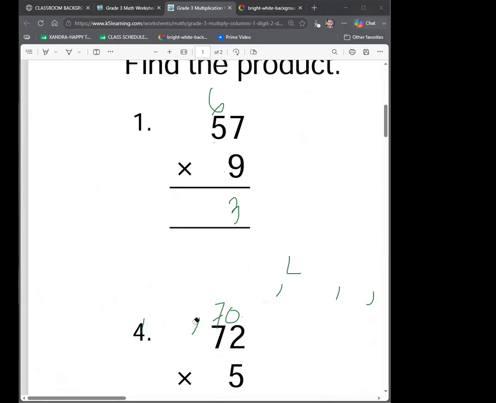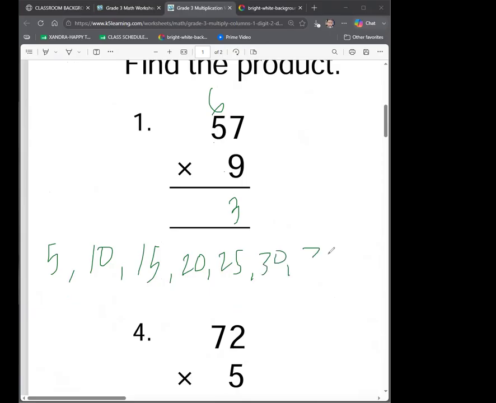5 times 9. Okay, now I'm just going to write it. So 5, 10, 15, 20, 25, 30, 35, 40, 45, 50. So what is 5 times 9?